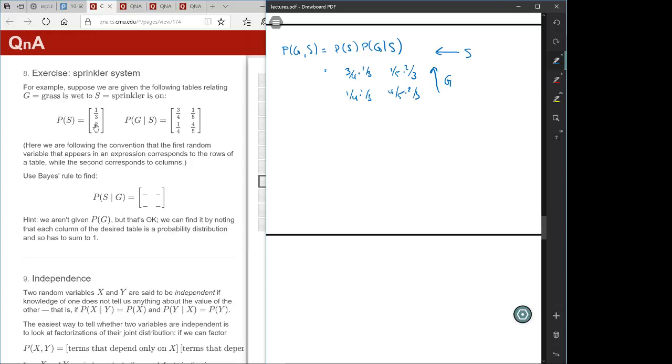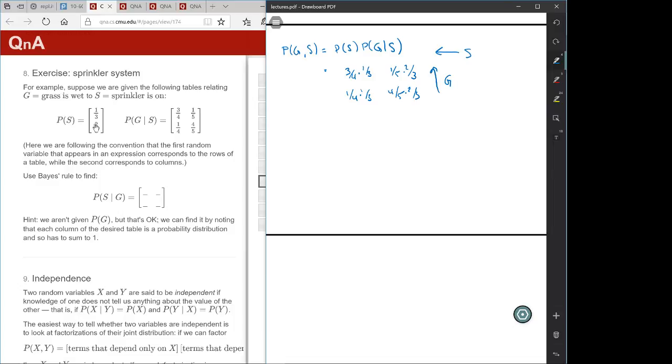And you notice that even though this was listed vertically, S is the columns of this table, and so you have to match things up according to the matching dimension. And then here, G is the dimension that is not listed, and so 1/3 is duplicated. 1/3, 1/3, 2/3, 2/3. All right.